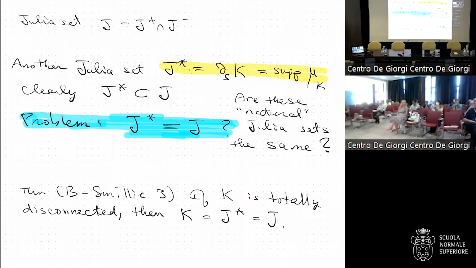It would also make sense that the support of this measure, that's the Shilov boundary, should be a Julia set. And it's easy to see that J star is inside of J, but it's a question that from day one we were asking and scratching our heads, and we're still scratching our heads. We do not know if they are always the same or not.